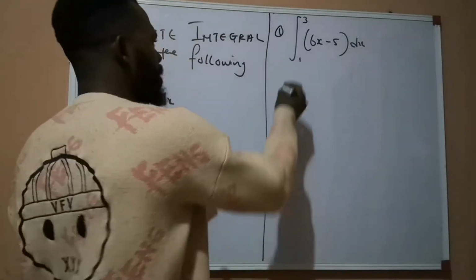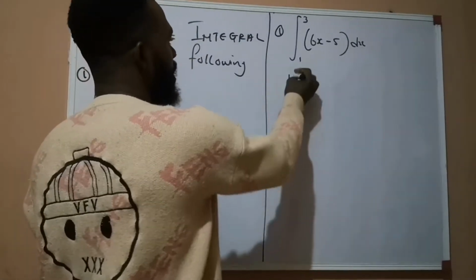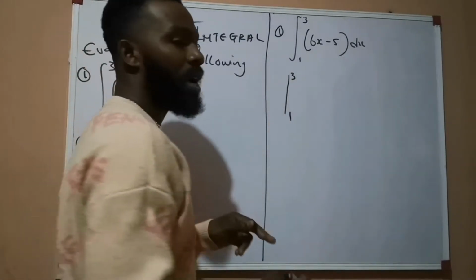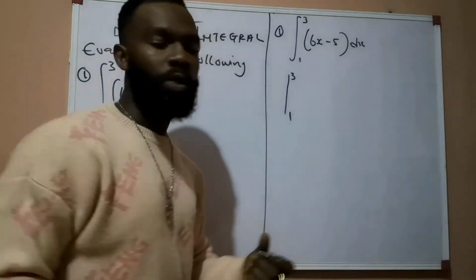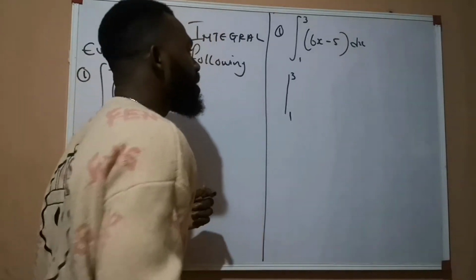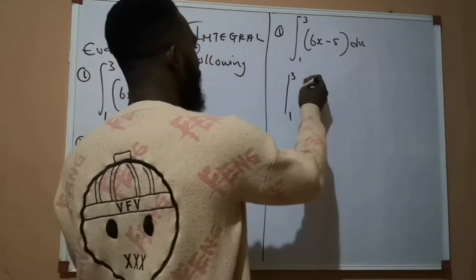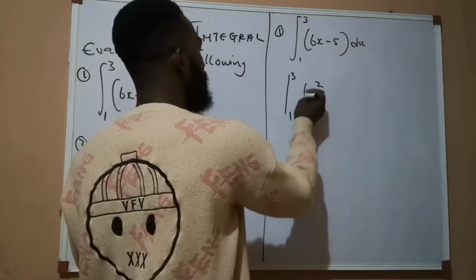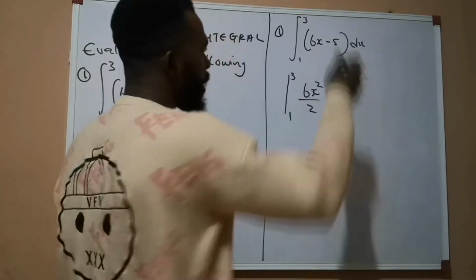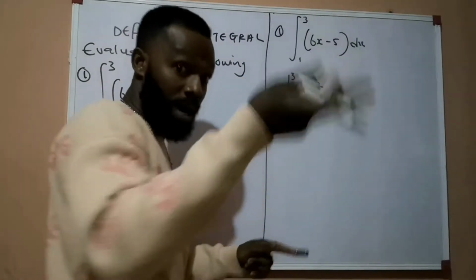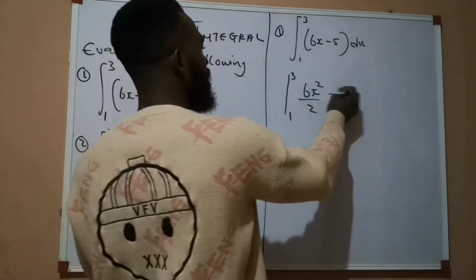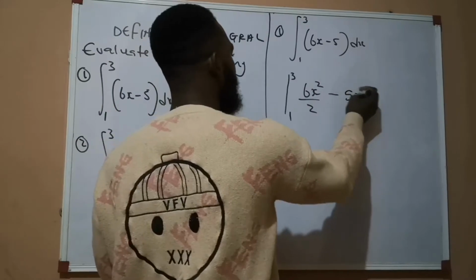The first thing we do is write a line, and this is our 3, and this is our 1. Now, we integrate the function, which is 6x minus 5. If we integrate 6x, we get 6x raised to the power 2 over 2. Don't forget, because the power here is 1, so 1 plus 1 is 2. Minus, if we integrate 5, we get 5x.